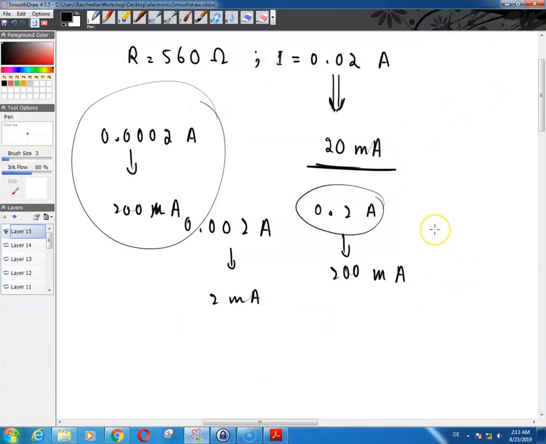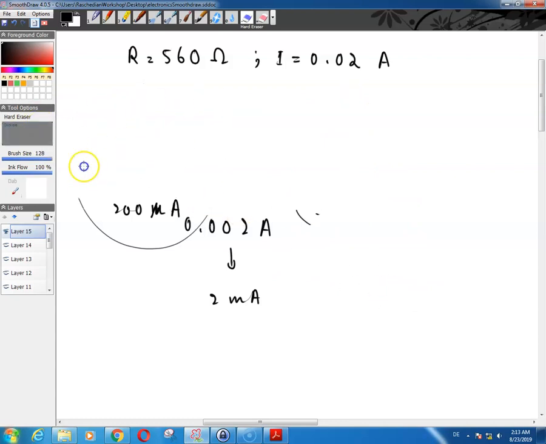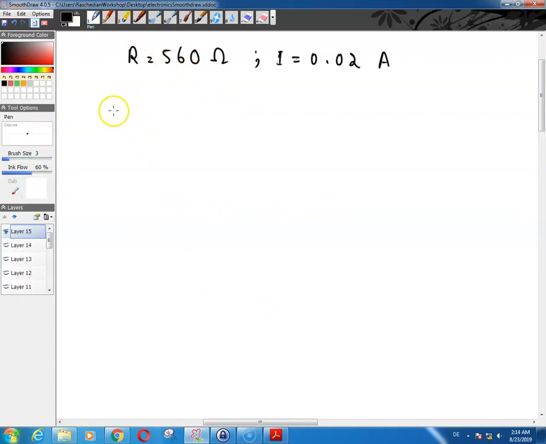Okay, so now suppose that this has been given to you, and you want to calculate the value of your voltage. So V is equal to IR. V is equal to 0.02 times 560, where this is in ohms and this is in amps, so I'm going to get my voltage in volts.